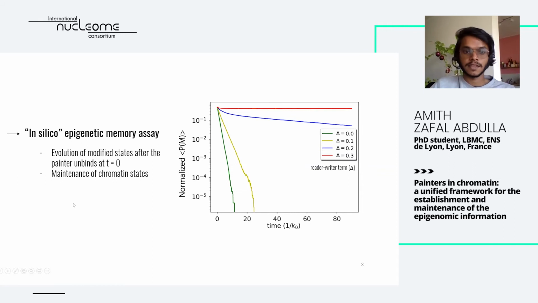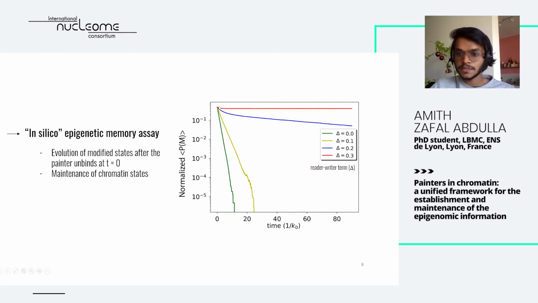Now we look at how the region behaves, how the marks evolve when the sequence-specific enzyme unbinds. At t equals 0, we have some profile established by the painter model, exactly like the one we have seen. Then at t equals 0, the sequence-specific enzyme unbinds.